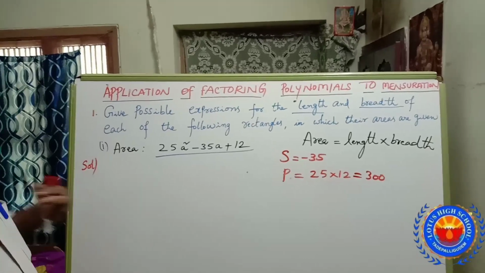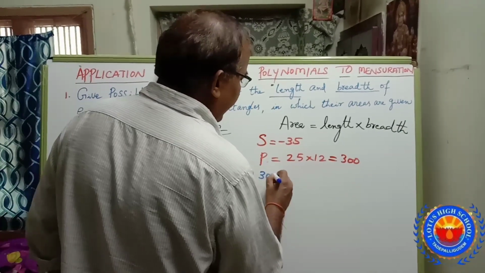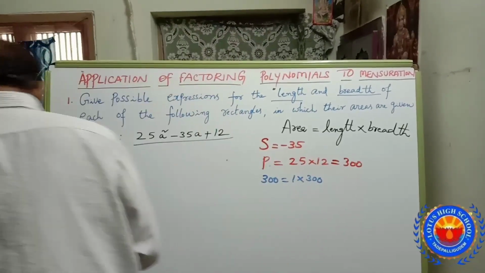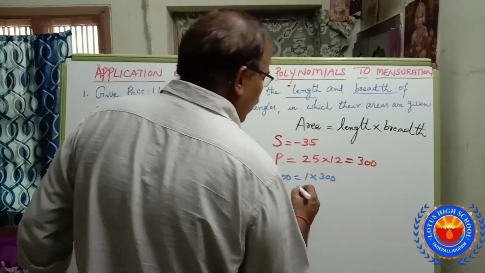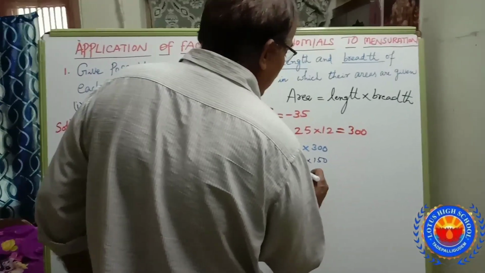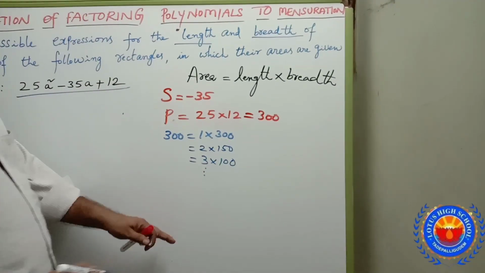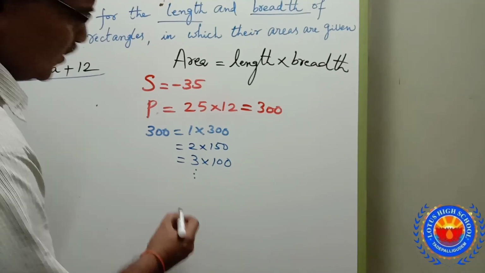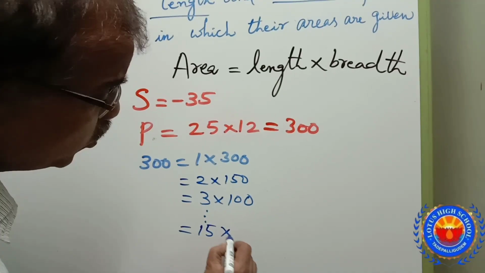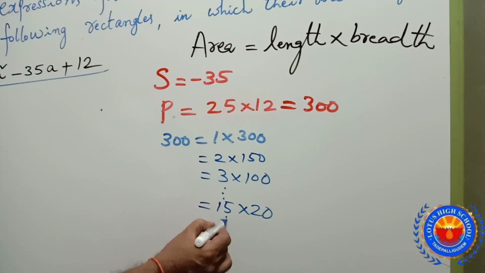Now, factorization of 300. 300 is equal to 1 into 300, 2 into 150, 3 into 100. Like that you have to check 4, 5, 6 by using divisibility rules. Now 300 is equal to 15 into 20. Find out whether it is suitable or not.